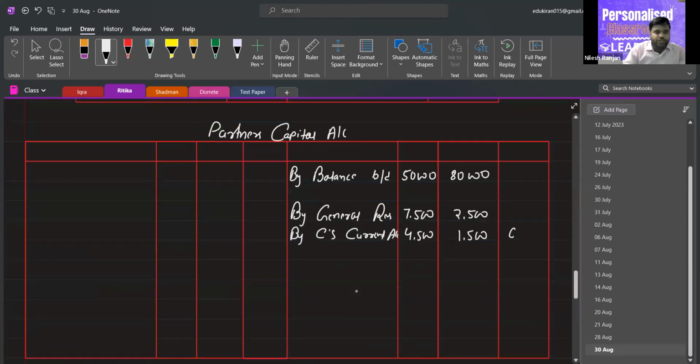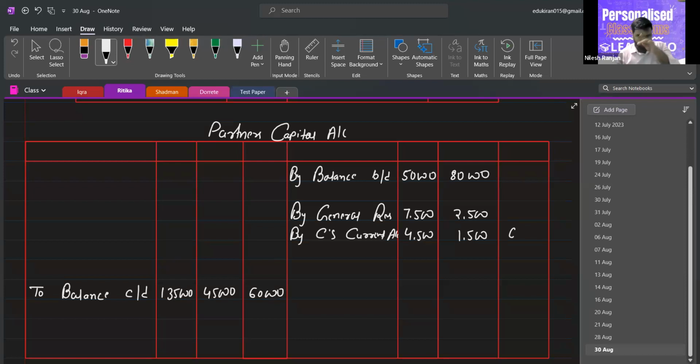Now this proportionate capital I told you we will write here in the balance column: 1,35,000, 45,000 and 60,000. Okay.